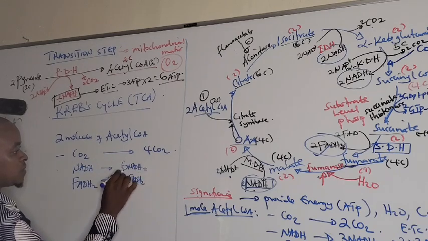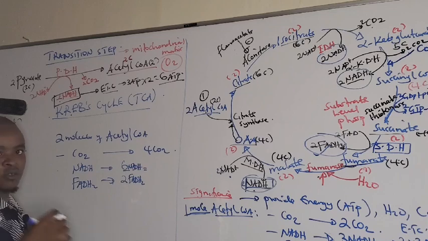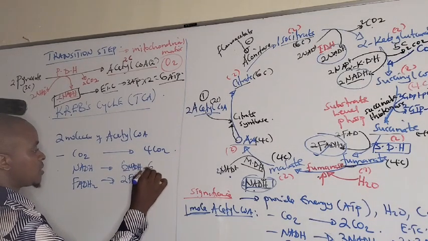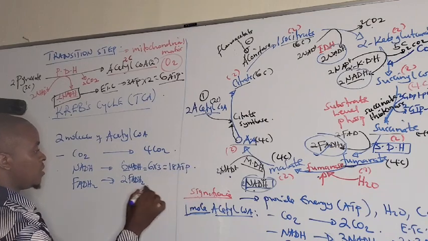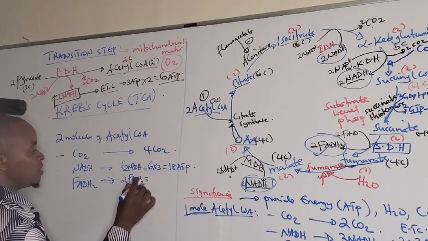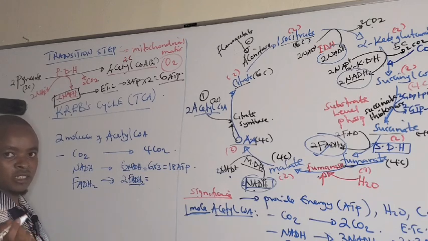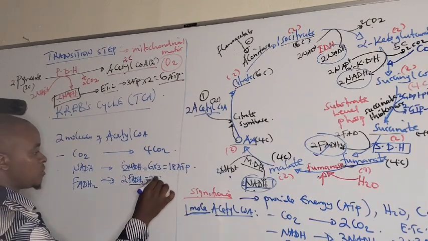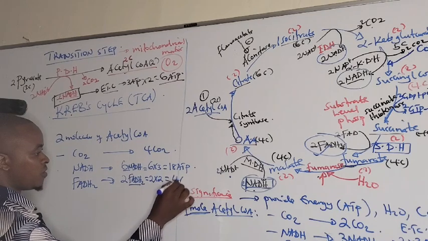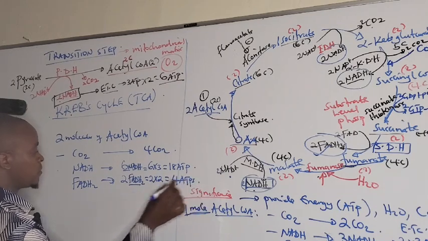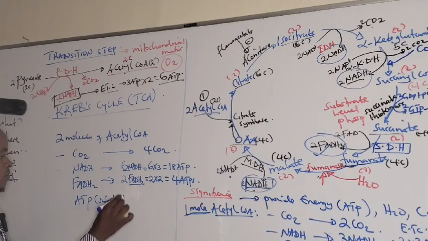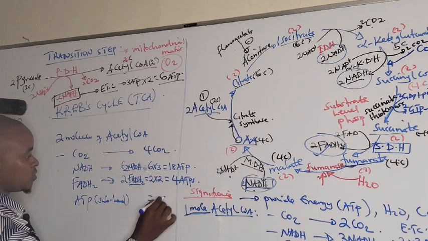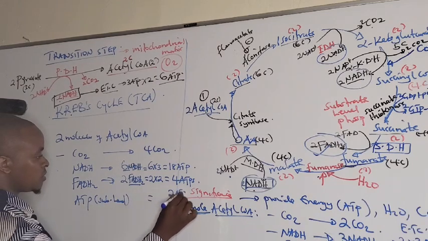And as we know that 1 molecule of NADH produces 3 ATP, we get 6 times 3, and we get 18 ATP. 1 molecule of FADH2 produces 2 ATPs, so we get 2 times 2, 4 ATPs. Then we have also ATP produced at substrate level, and there are 2 ATPs at substrate level.